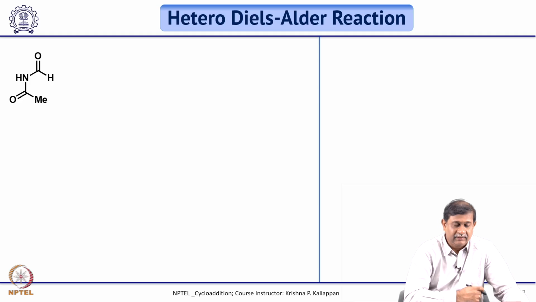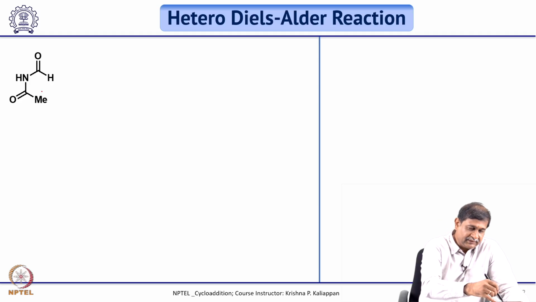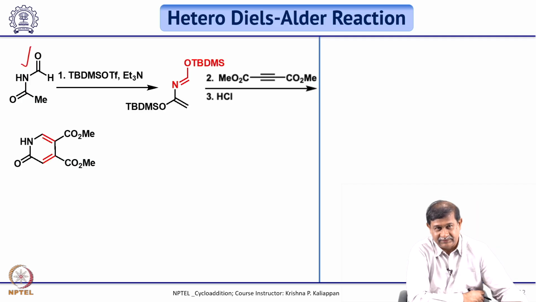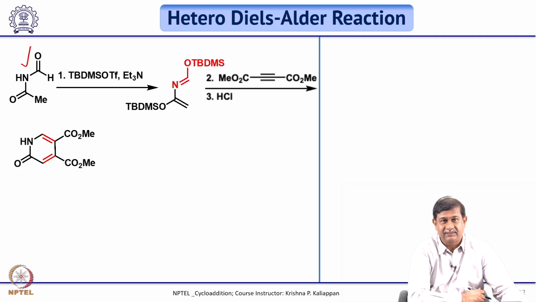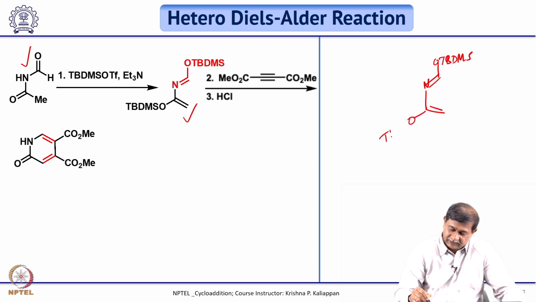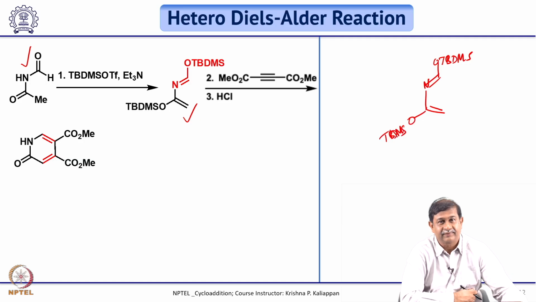Now, if you take this amide, N-formyl acetamide, and then if you treat with TBS triflate, it forms this diene in situ. So N-formyl, so it can form enol, and then that enol undergoes protection with TBDMS. So this is how you get this.